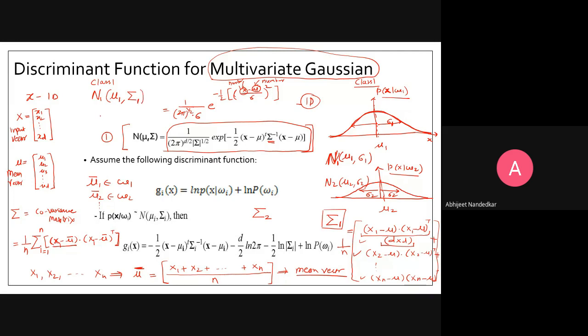Then I can throw away my data samples. Once these two things are known to me, I don't require those samples. I need not store them in the computer. I just store these two things, and the knowledge about class 1 is known to me. Then I can go for class 2. I do the same procedure, and then I just remember mu2 and sigma 2.